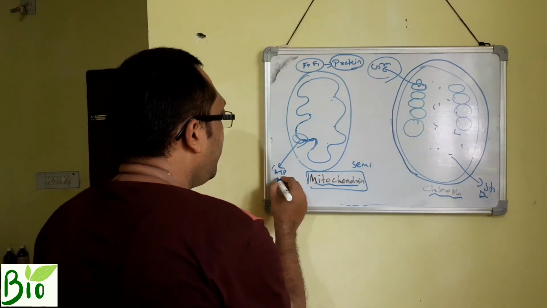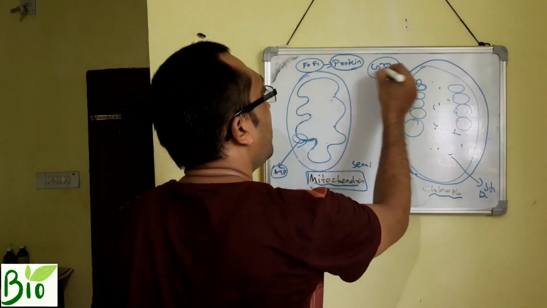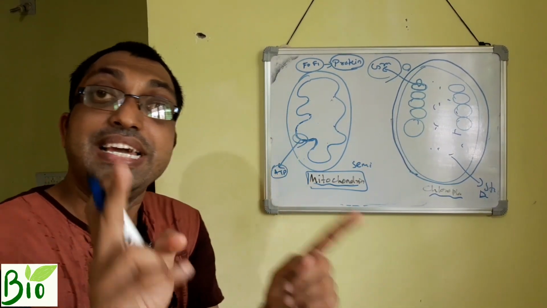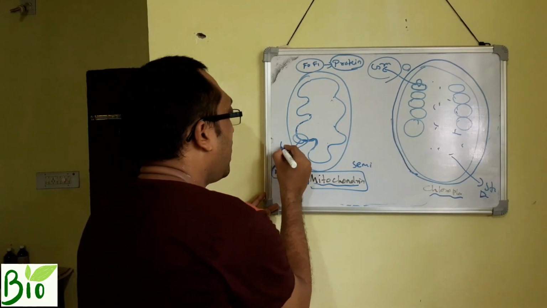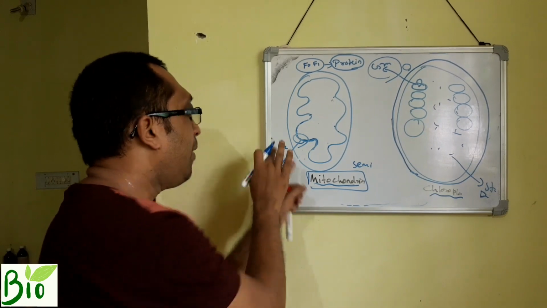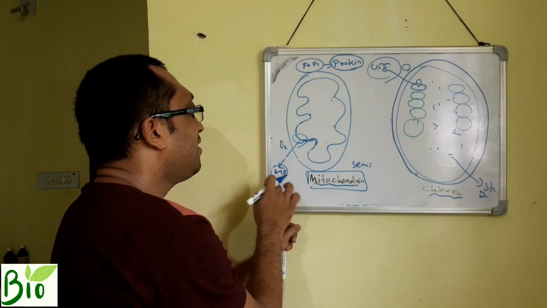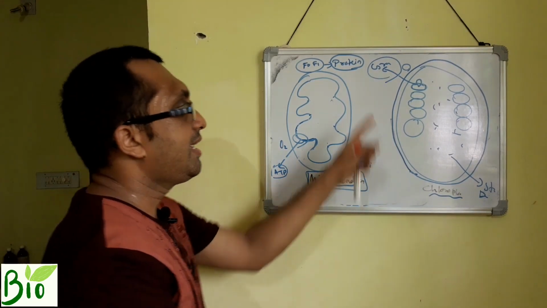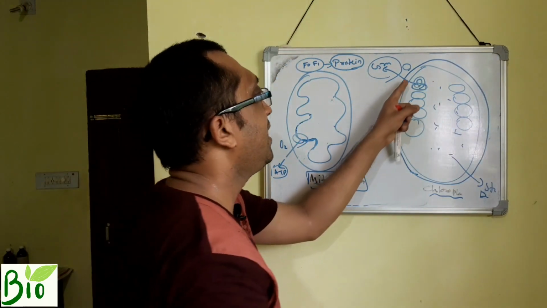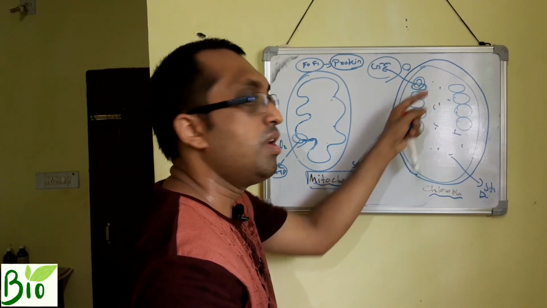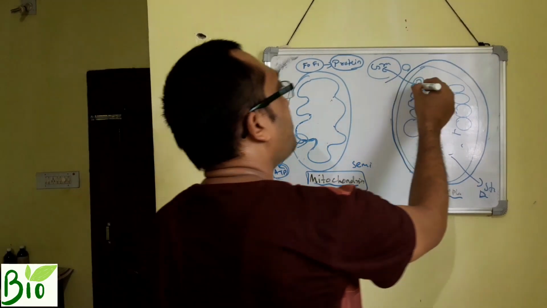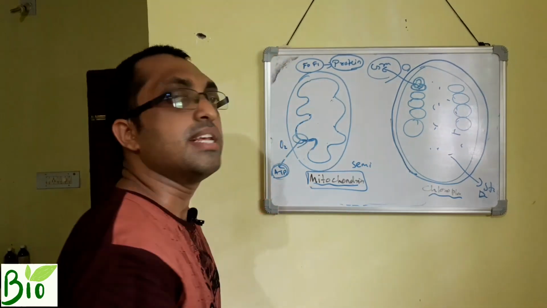They produce ATP. But the difference is, here we require an oxygen molecule to synthesize ATP. Without oxygen, ATP cannot be synthesized. And here we require sunlight. Without sunlight, ATP cannot be produced. So here phosphorylation, that is ATP synthesis, occurs, and here also.